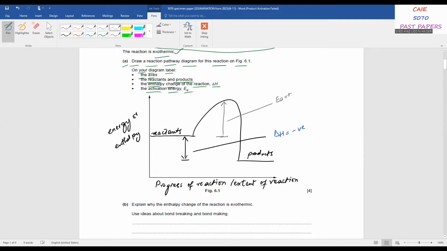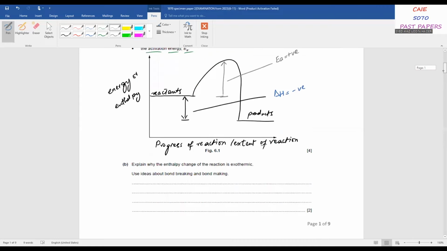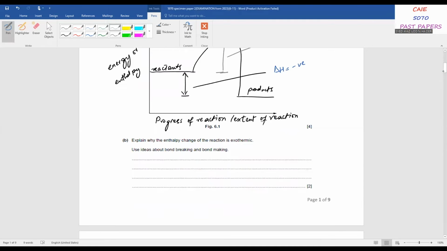The sign will be plus. Remember, activation energy is always positive, whether it is an exothermic or endothermic reaction. You will get ECF if you draw the diagram for an endothermic reaction.